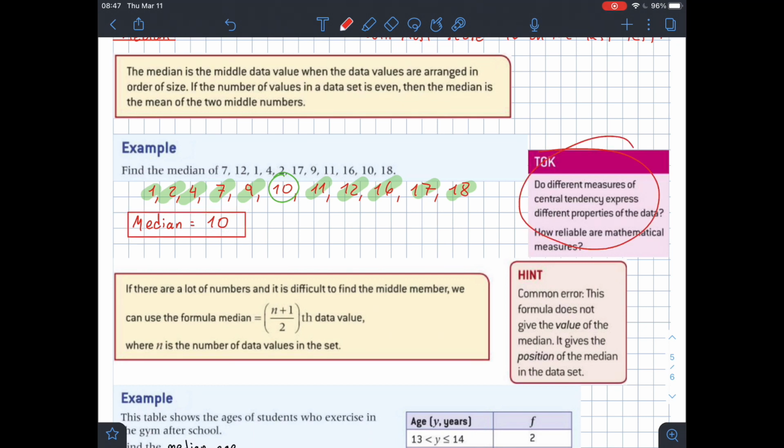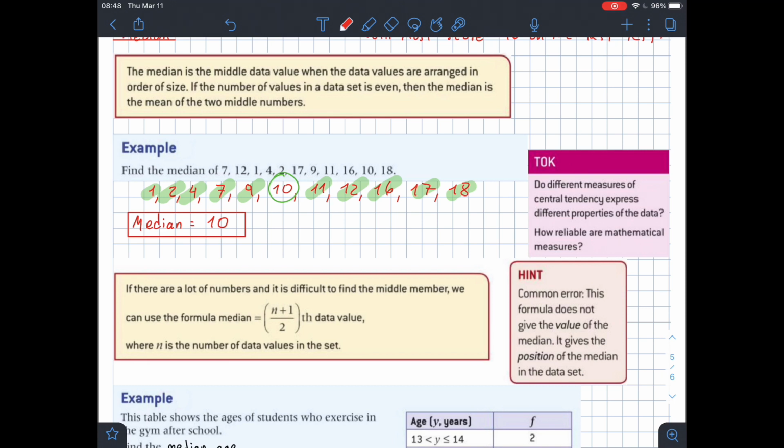Another TOK question here for you to reflect. Do different measures of central tendency express different properties of data? How reliable are mathematical measures? So this definitely is a yes, right? Remember we did the experiment in our first class where I supposed some exaggerated values, and we could see that we got very different results for mean and median and mode, right?